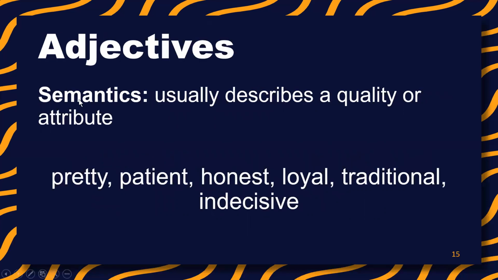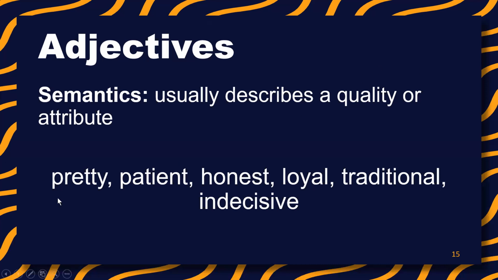So adjectives, in terms of semantics or meaning, adjectives usually describe a quality or attribute. For example, when you are asked to describe or to paint a picture or to imagine someone or give a compliment to someone, you usually make use of your adjectives, such as pretty, patient, honest, loyal, traditional, indecisive, and kung ano pa ng mga adjectives that come to mind.